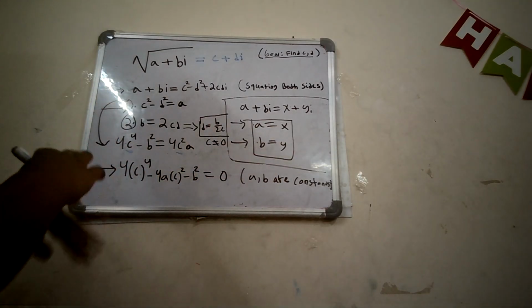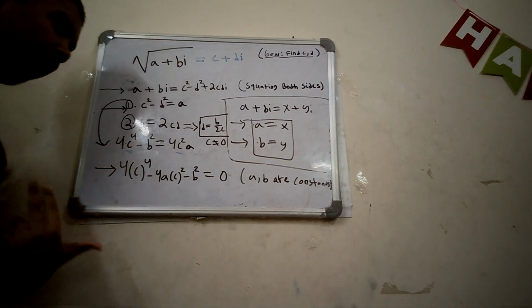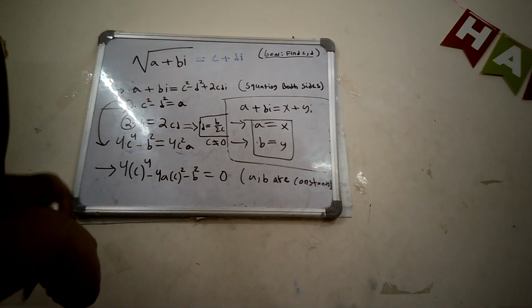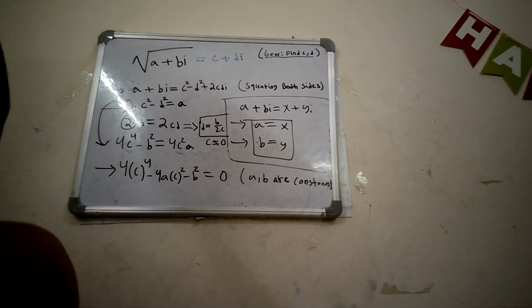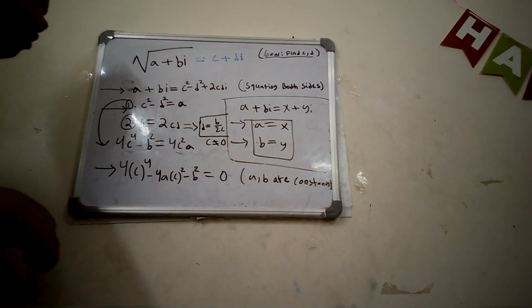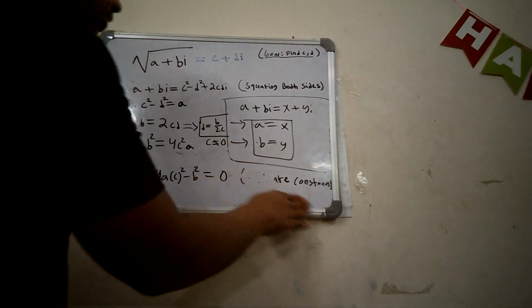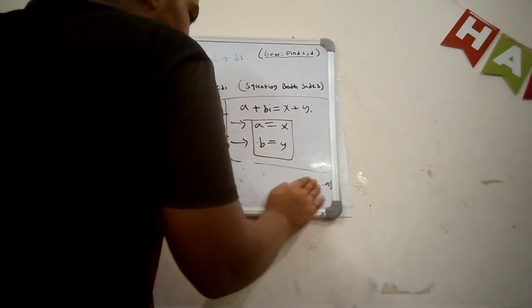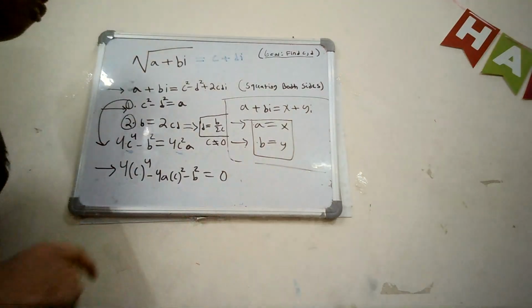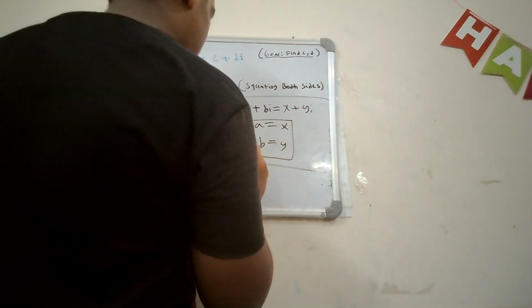Because now we have a quadratic equation in terms of c. If you want to know how to solve this, don't freak out. We don't have to use the quadratic formula and all that.